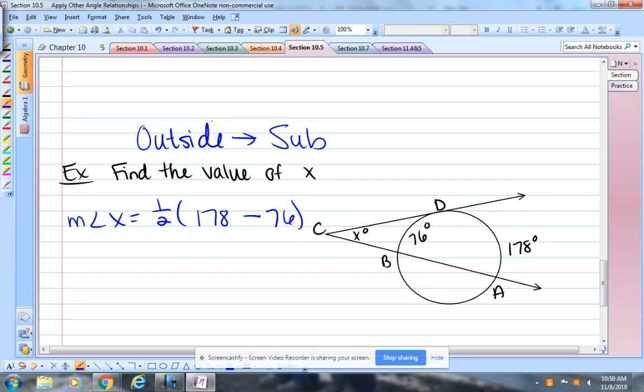That angle intercepts this arc and this arc, so you find the difference and then take a half. What is 178 minus 76? 102. And what's half of 102? 51 degrees. So that angle measure is 51 degrees.